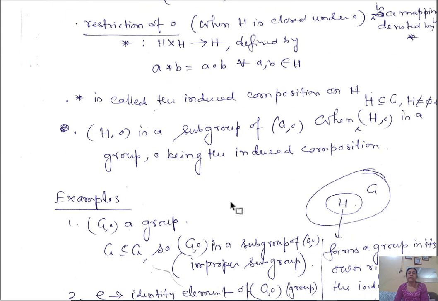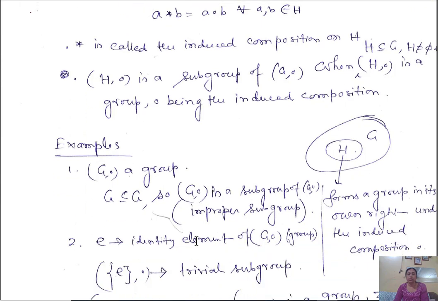Okay, so for examples, there are several examples written here. I can go through this. Improper subgroup means: for any group G, H is a non-empty subset, and this forms a group in its own right under the induced composition.